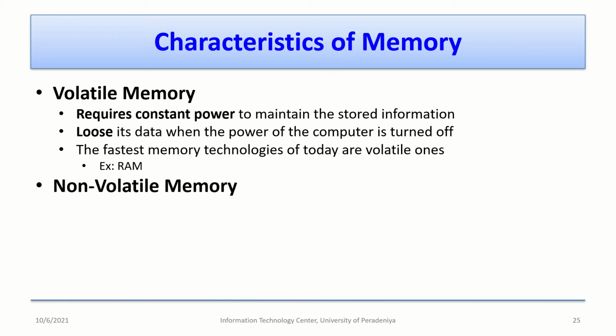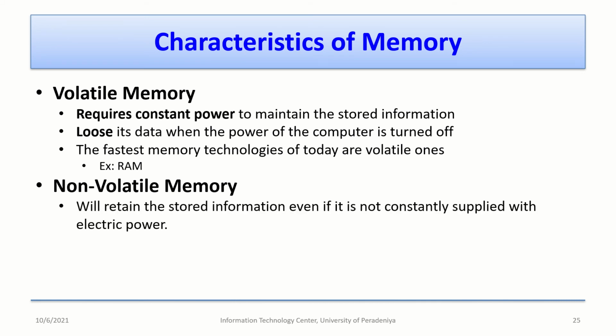And the next one is non-volatile memory. Non-volatile memory means it will retain the stored information even if it is not constantly supplied with electrical power. That means it does not require a constant power supply to maintain stored information.